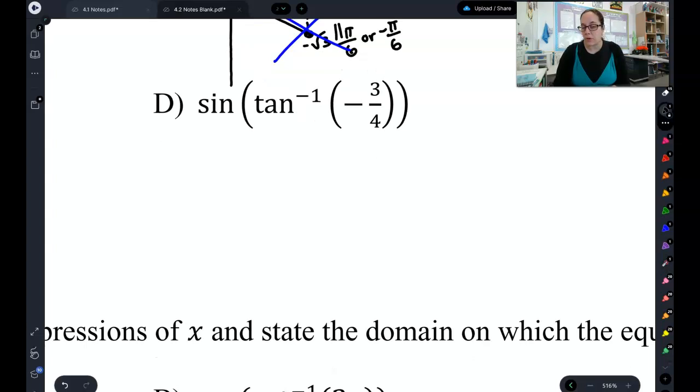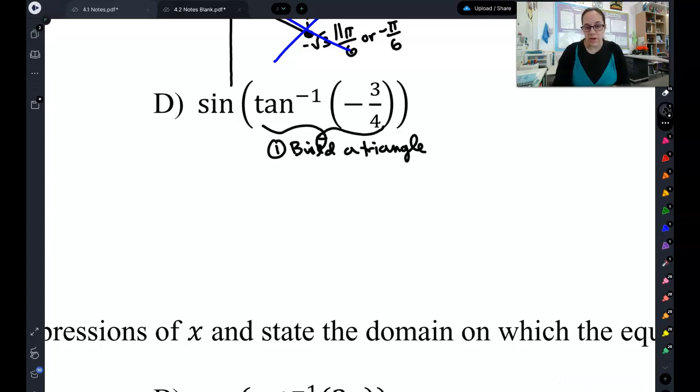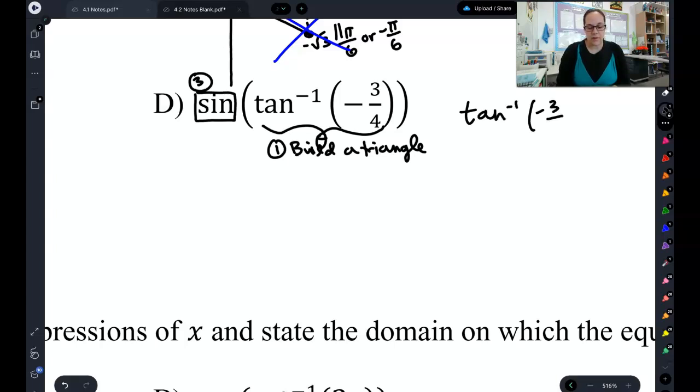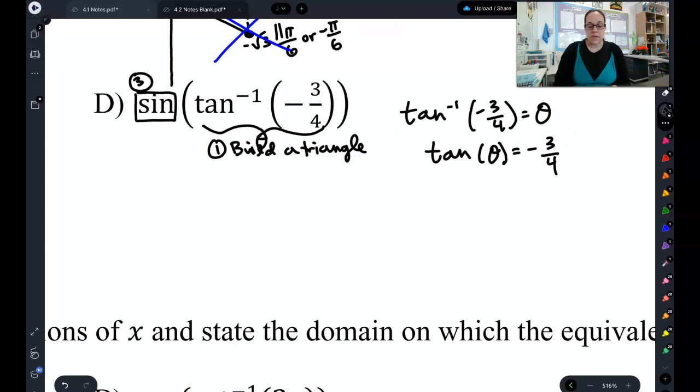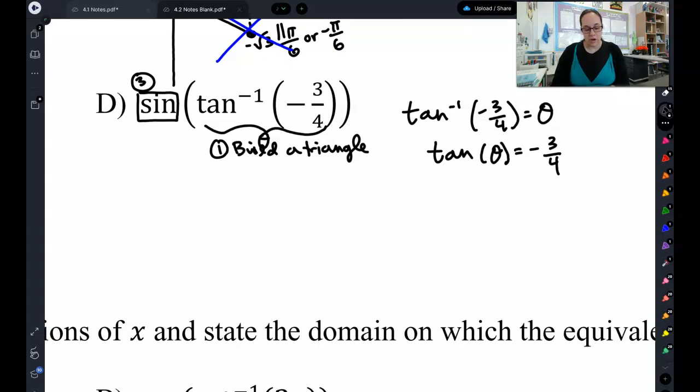And remember, for this one, like we talked about last lesson, we're going to use the inside as step 1 to build a right triangle. Then step 2, we'll use Pythagorean theorem to finish the right triangle. And then step 3, we'll use the outside to find our answer. So I'm going to say arctan of negative 3/4 equals theta. So tangent of theta equals negative 3/4. And I'm going to use that to build my triangle.